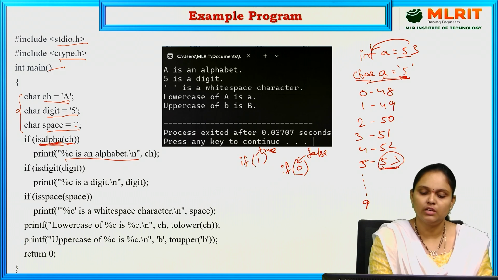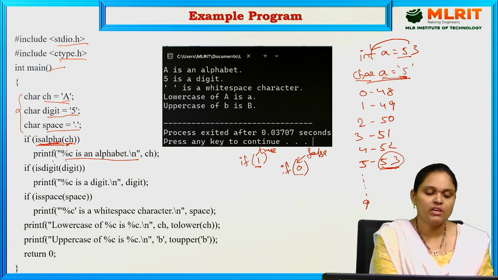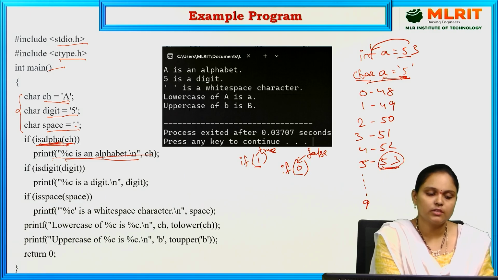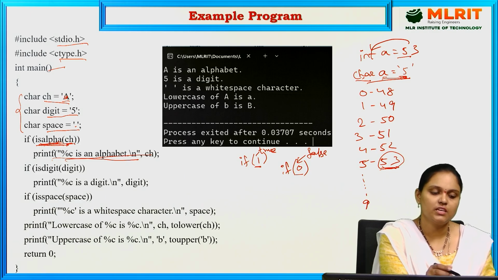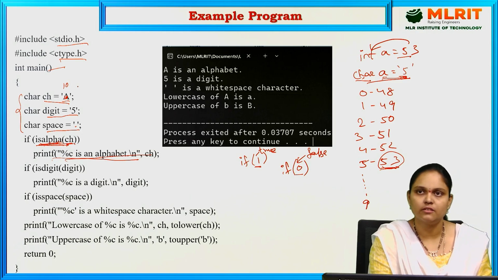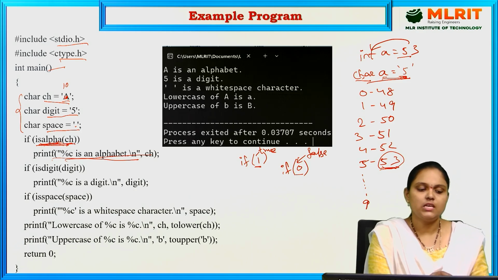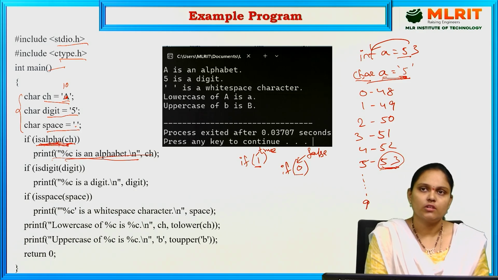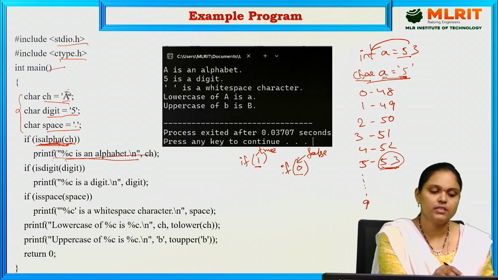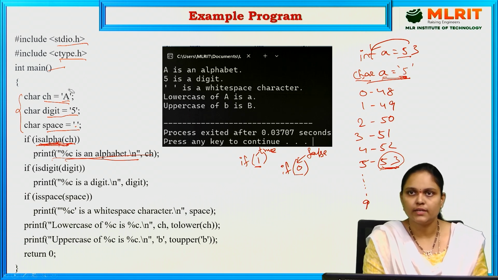So we got 1 here, which means the condition is true, then we are telling it is an alphabet. And suppose instead of ch we have taken 10 or some other special character, at that time the isalpha function will return false. If we have ch as 10, a digit instead of a character, it will return 0.